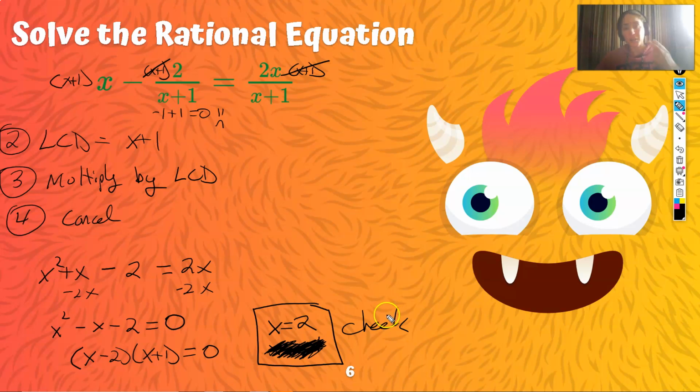Even though we found two solutions, one caused a 0 in the denominator when plugged back into the equation. That's no good. So I have to throw that answer out, which I did. So therefore, our only reasonable answer here is going to be x equals 2. You always have to check.